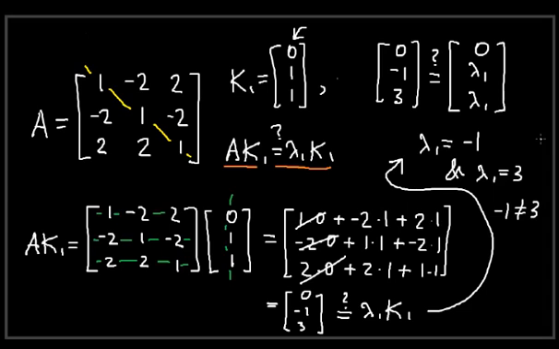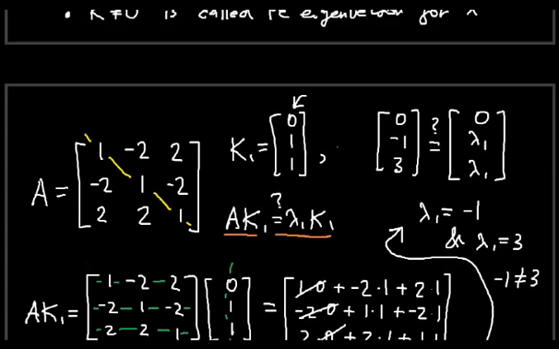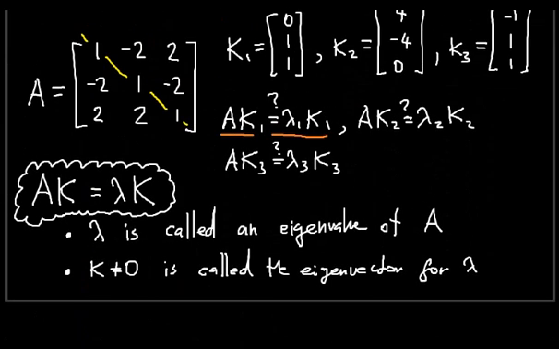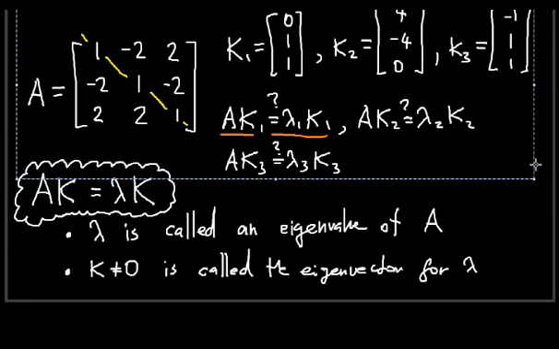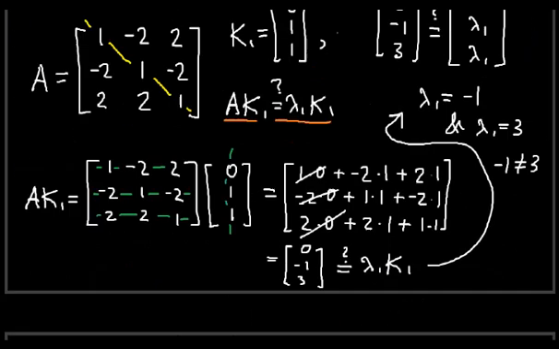Great. Let us now move to the next vector, k2, and to do that, we're going to copy that one out. I'm actually going to copy the whole thing here and then erase the unnecessary part. And we move to the next slide.